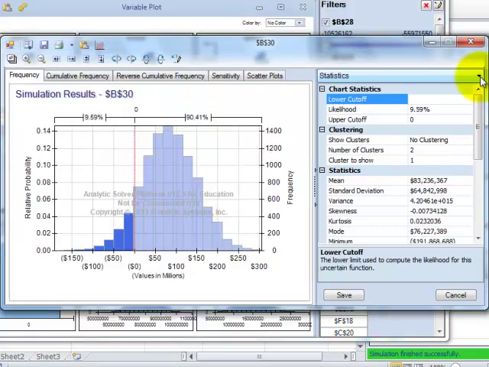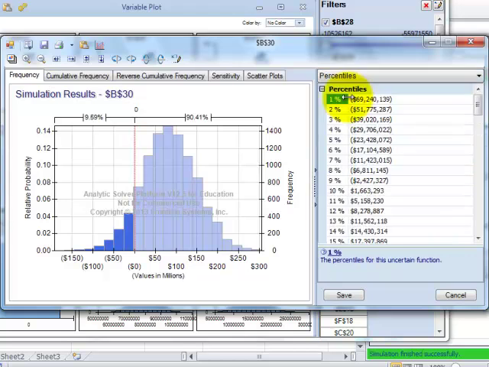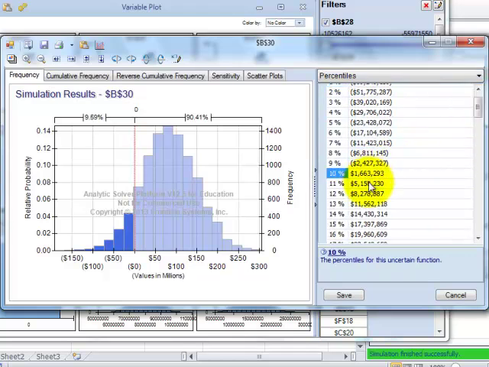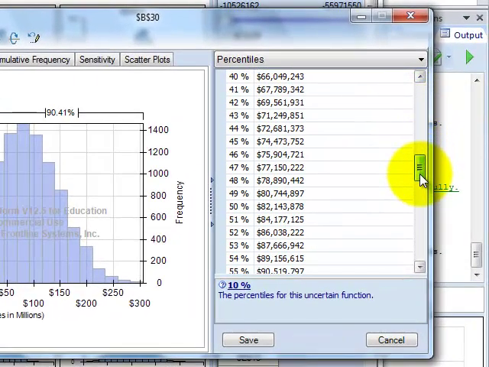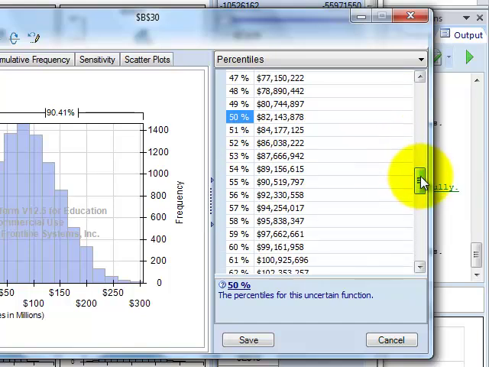Now, our last question is, what is the probability that we get a cumulative? Notice there's this drop-down menu. We just saw the statistics. We can hit on percentiles, and we can see there's a 90% chance that our net present value will be 1.6 billion or more. There's a 50% chance it'll be 82 billion or more.